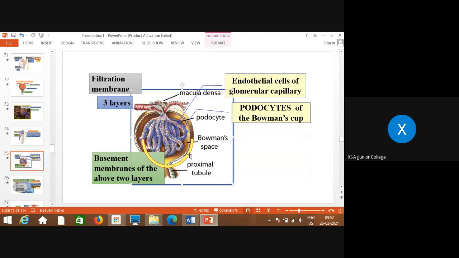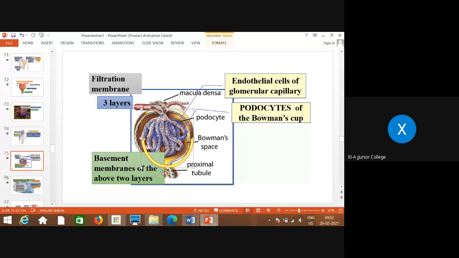This cavity is present between the inner visceral layer, which has specialized cells called podocytes, and the outer parietal layer, which is made up of simple epithelial cells. The space between the outer parietal layer and inner visceral layer is called Bowman's space or capsular space.